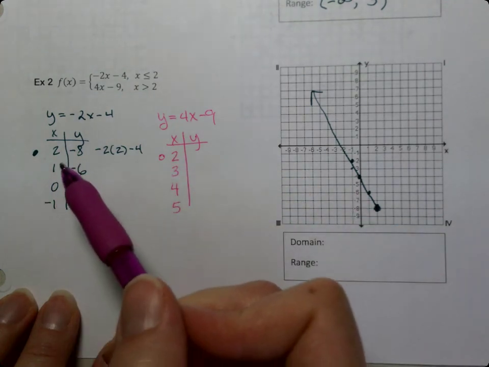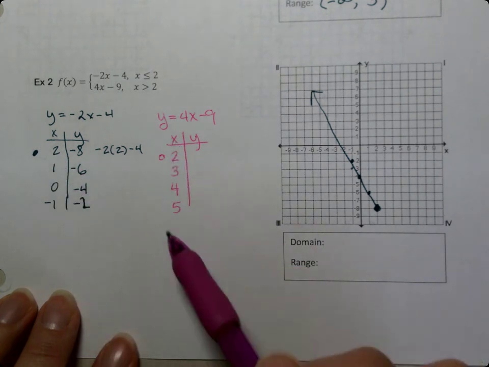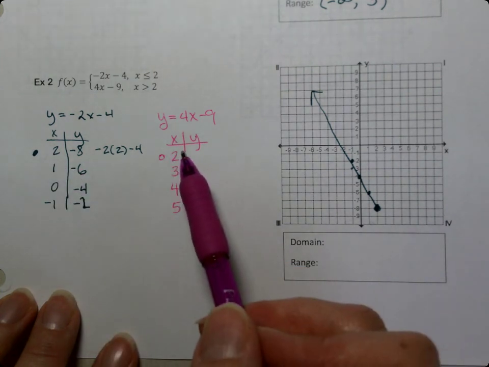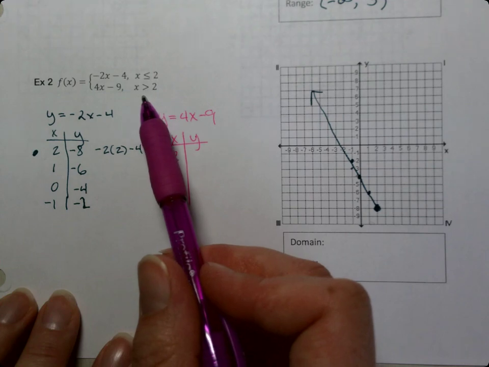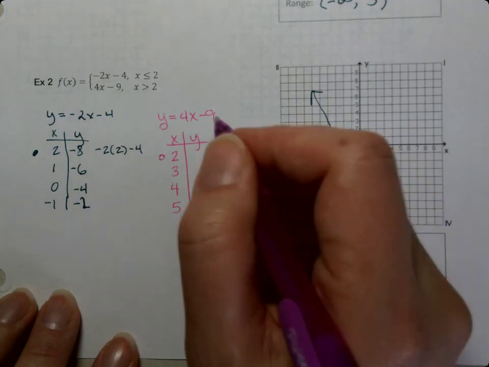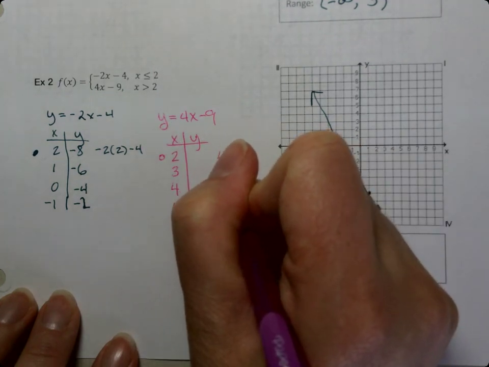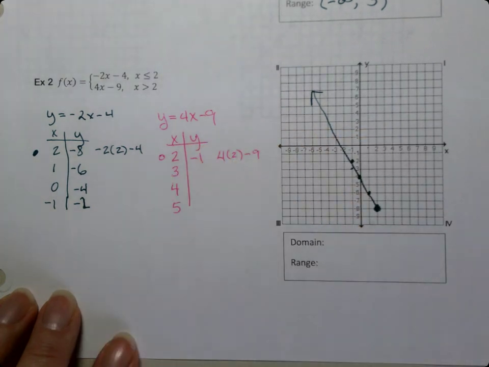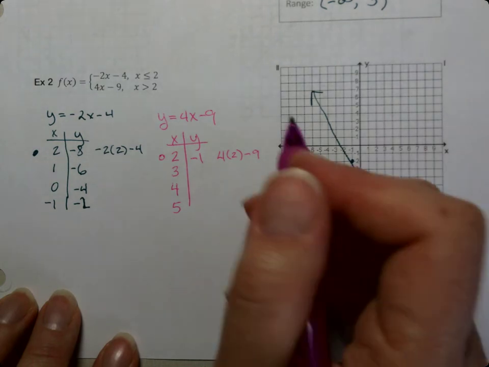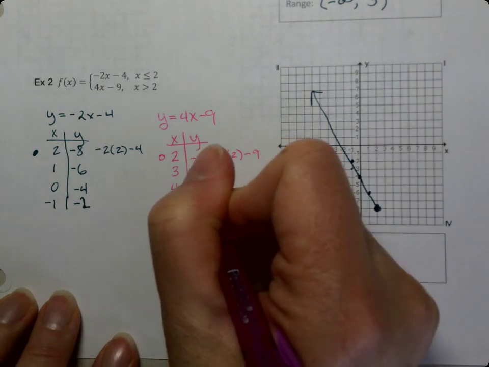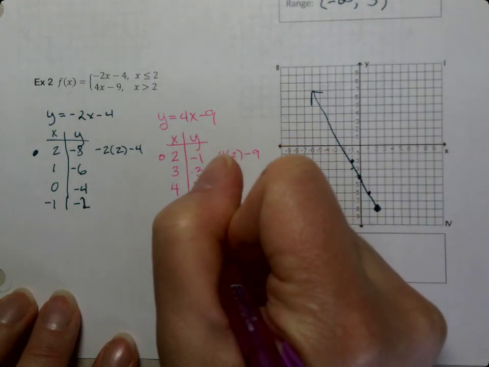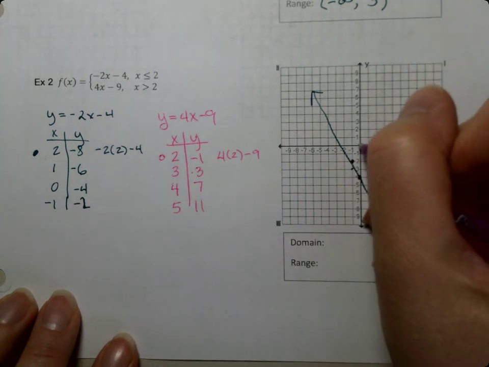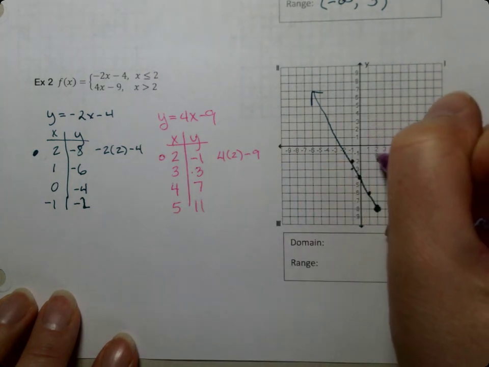So if it bothers you that sometimes I'm counting up and sometimes I'm counting down, you can adjust that. I like to start with my starting number and then reread greater than and go from there. Okay, so it would be 4 times 2, which is 8 minus 9. I get -1. So go ahead and fill in some numbers. And give it a graph. We said an open circle.